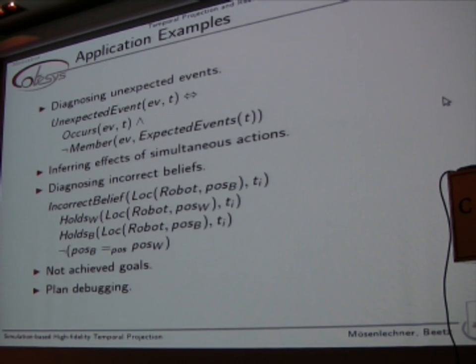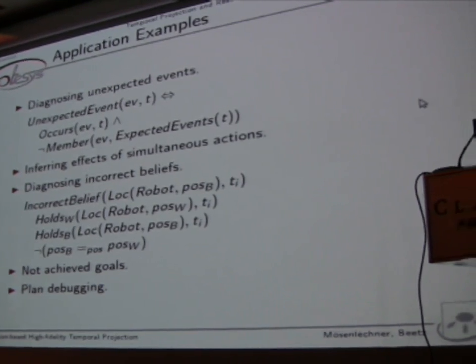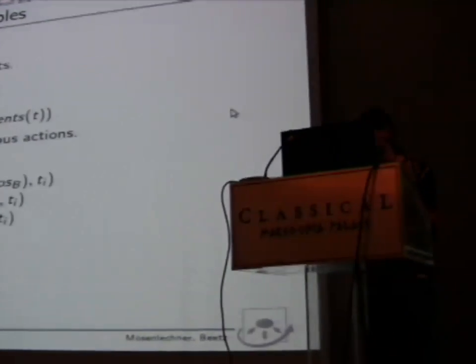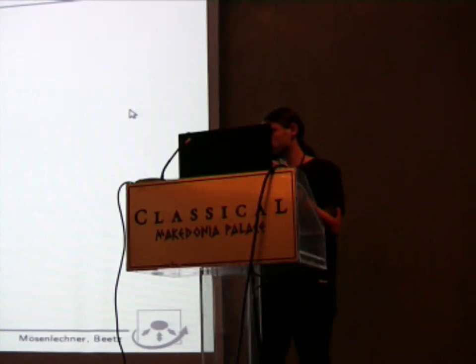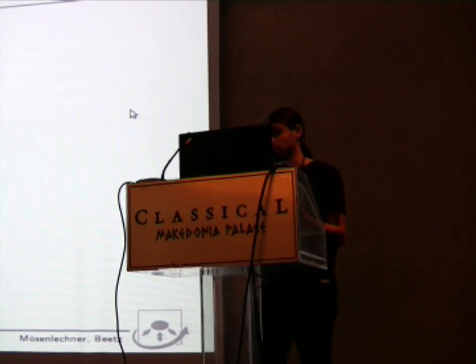And finally we used this for plan debugging by plan transformations. What we basically did was import a plan from wikihow.com, and it just was a sequence of actions in natural language, and we turned this into a sequence of achieve statements and executed this.